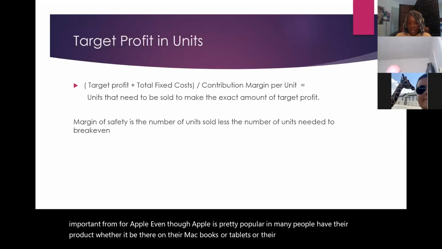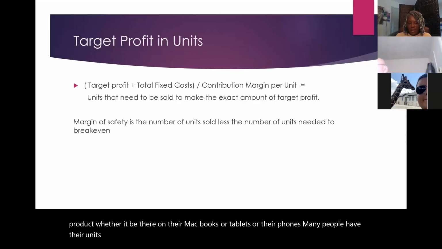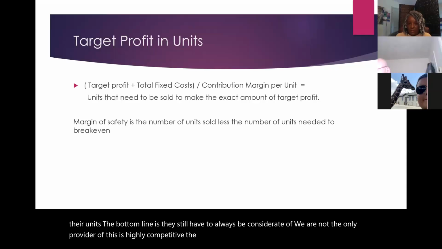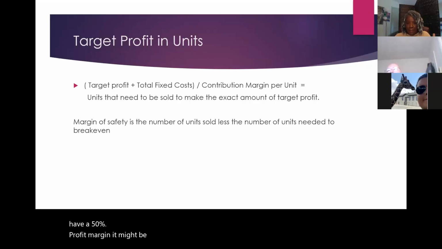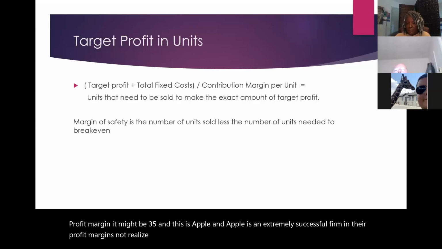Many people have their units. The bottom line is they still have to always be considerate of, we are not the only provider of this. It's highly competitive. The profit potential is not very high, meaning they don't have a 50% profit margin. It might be 35. And this is Apple, an extremely successful firm, and their profit margin is not real high. It's 35%.